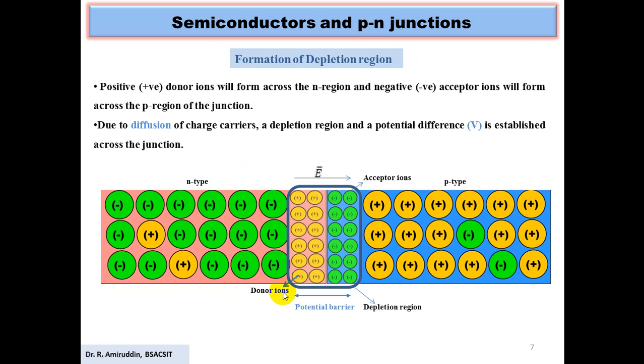Now the positively charged donor ions will form across the N-type region, and negatively charged acceptor ions will form across the P-type region. Due to diffusion of charge carriers, a depletion region is formed with a potential difference V across the P and N junctions.